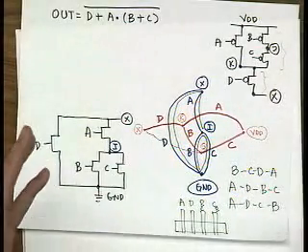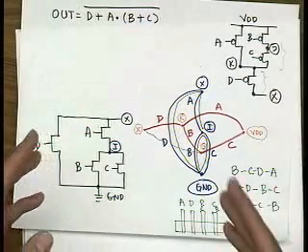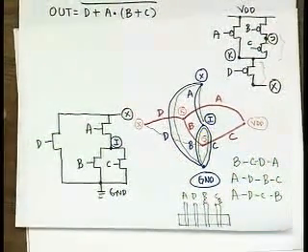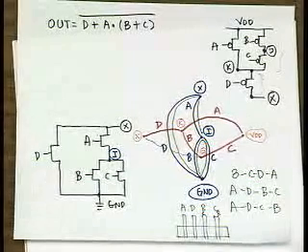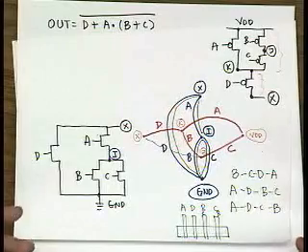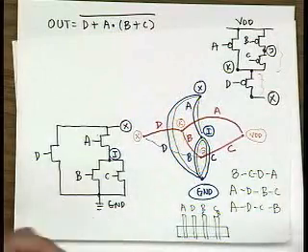Then you can simply route vertical poly lines and connect all your gates, with maximum layout density in an uninterrupted diffusion, and that's the end of the game. This Euler path that exists in both the pull-up and pull-down network is called a consistent Euler path. So you have an Euler path that travels through all the edges, and a consistent Euler path that exists in both the pull-up and pull-down network.